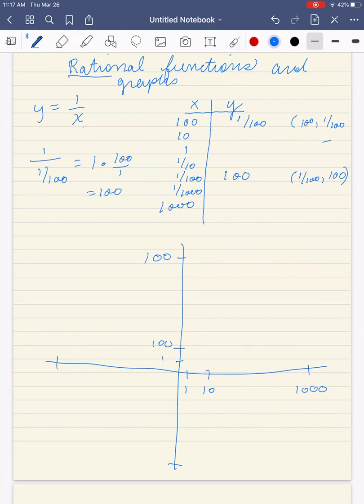Okay, so hopefully you've done this yourself, and we found that each of these was its reciprocal, and we plotted each of those.